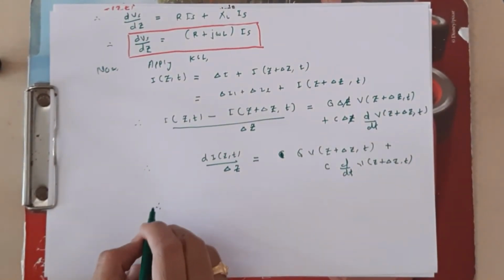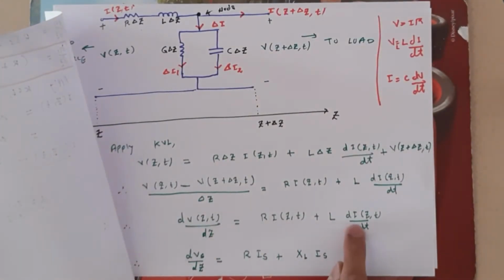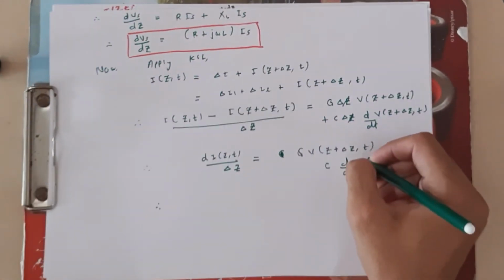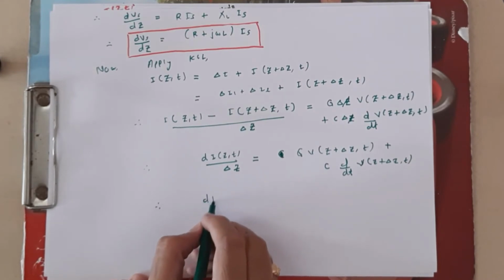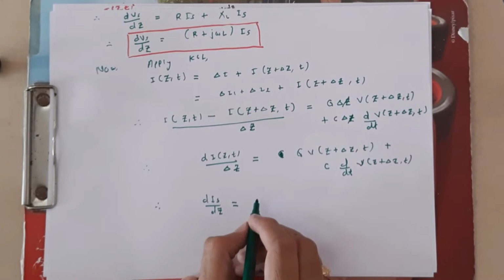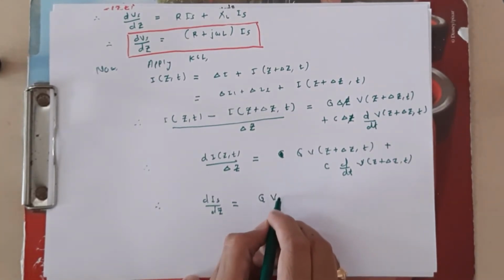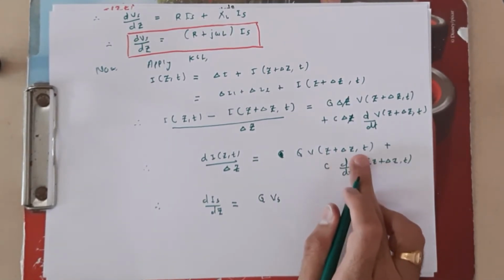Now we have come to this point, we have to apply the phasor representation of this equation. So the phasor representation of the equation is dIs by dz is equal to G times voltage Vs. Actually it is V of z plus delta z, t.